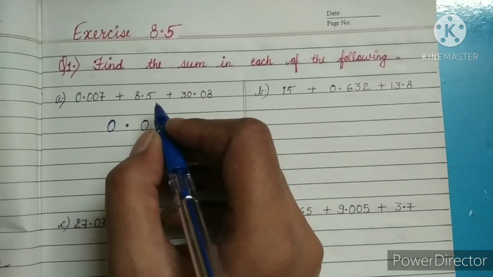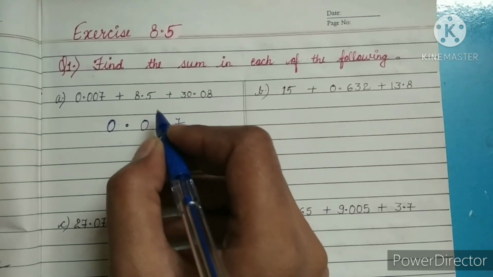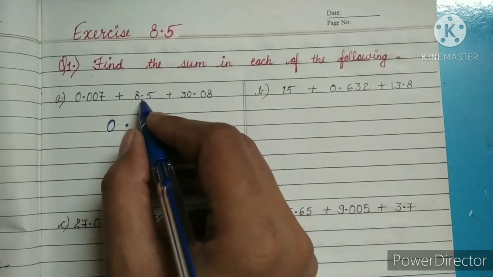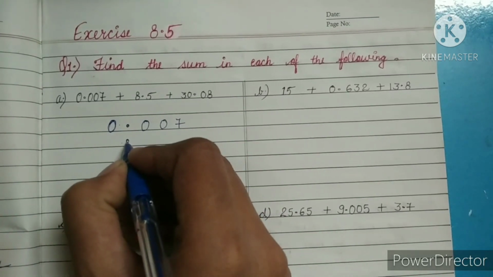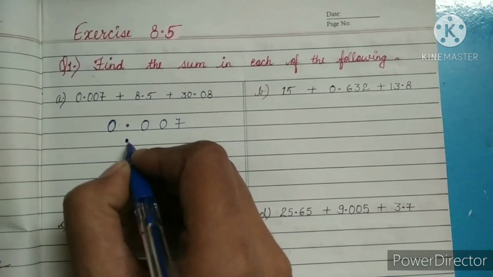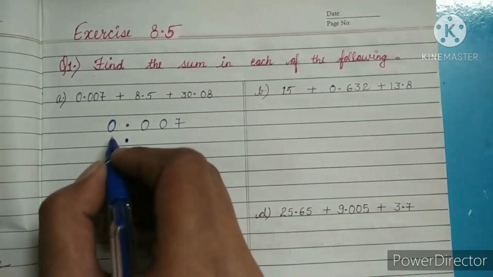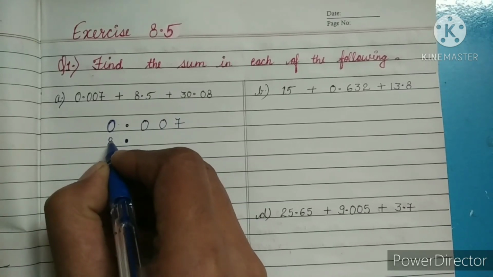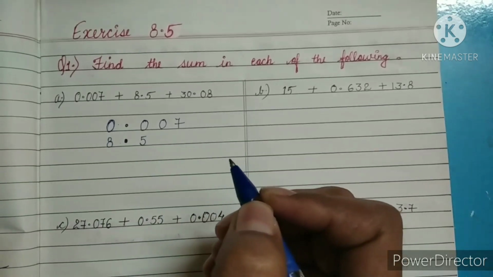Second value is 8.5. Before putting 8.5, just put the 8.5's decimal. 8.5 decimal will come just below the first decimal. Okay. Now 8 will go on the ones place and 5 will go on 10th place.